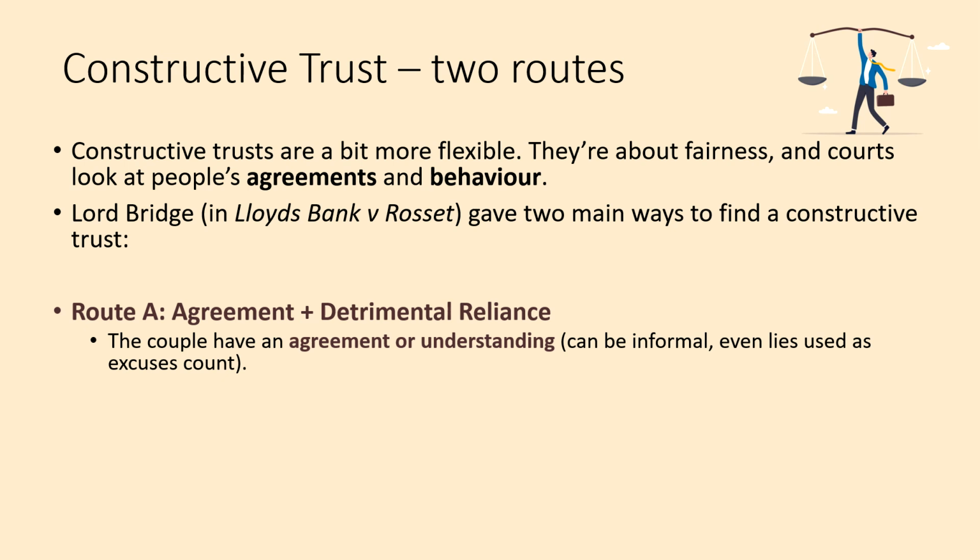So there needs to be some kind of agreement or understanding that all the parties involved should, for example, live in the property, or maybe should have the proceeds that arise from renting the place, or something like that.